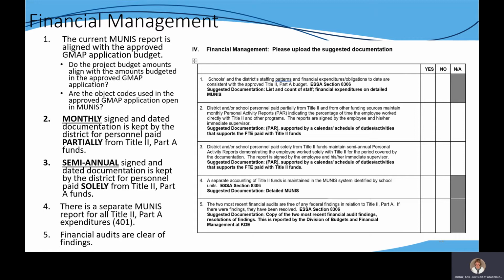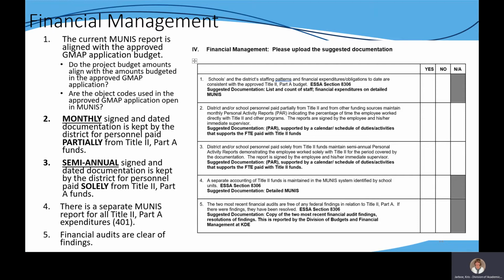And also, are the codes being used in both places the same? We always encourage you to work closely with your financial officer, and this is one of the things we find most often, and it usually is just a lack of communication more than anything else. So that is what we really encourage you to look at closely when you are starting and getting your documentation together.